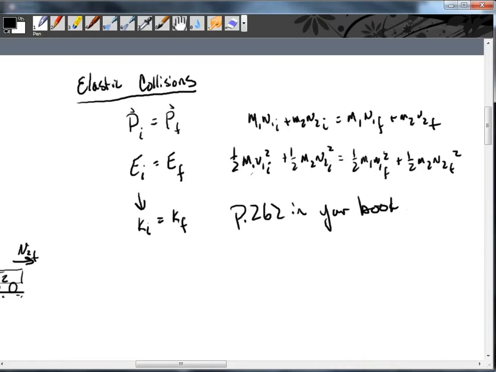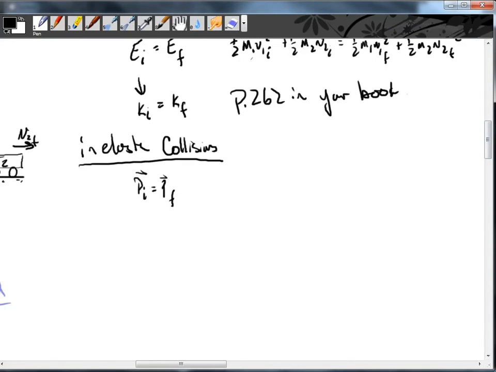Now, then we have inelastic collisions. Our inelastic collisions give us the same thing: Pi equals Pf. However, our initial kinetic energy is greater than our final kinetic energy because somewhere along the line we lose some of our energy in the collision to internal heat, to friction, to something, to a crumple zone in a car.